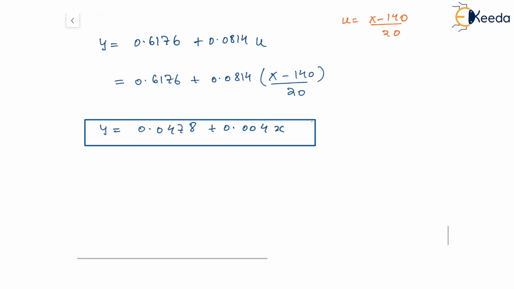So this is the straight line equation we were looking for from the given data, and we have found it. Thank you.